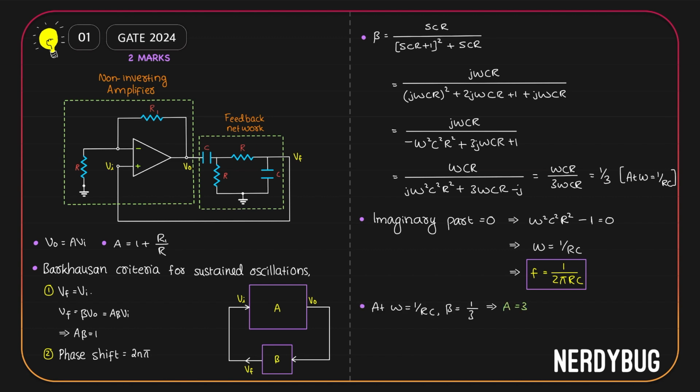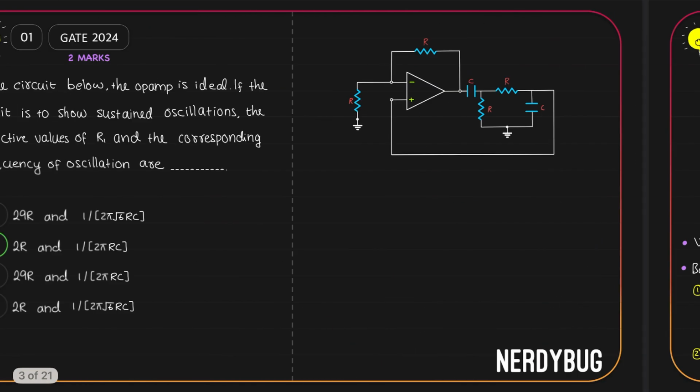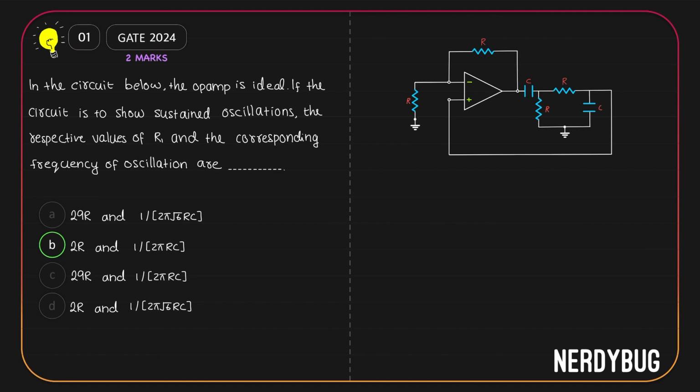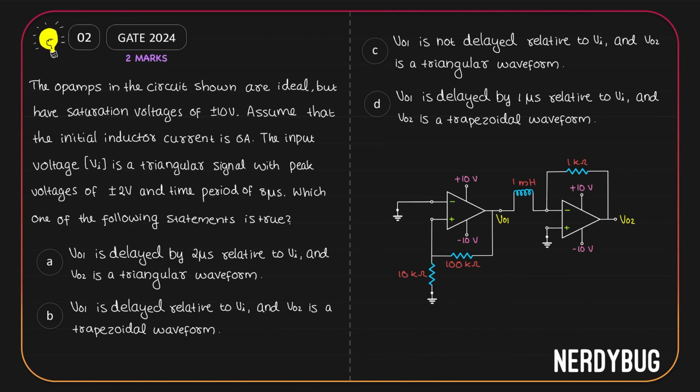A is the gain of our non-inverting amplifier. Gain of the non-inverting amplifier is 1 plus R1 by R. So 1 plus R1 by R should be equal to 3, or R1 by R should be equal to 2, or R1 should be equal to 2R. Option B is correct.